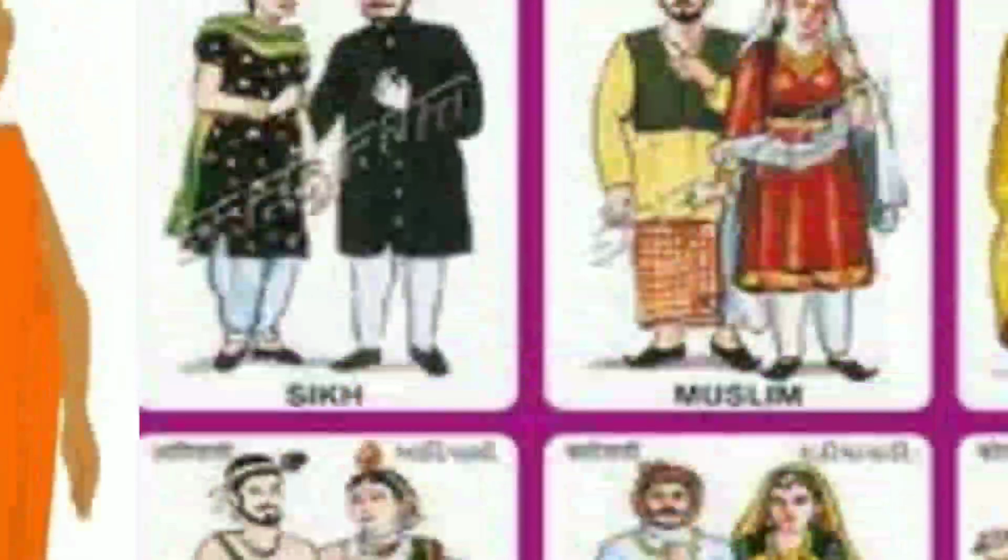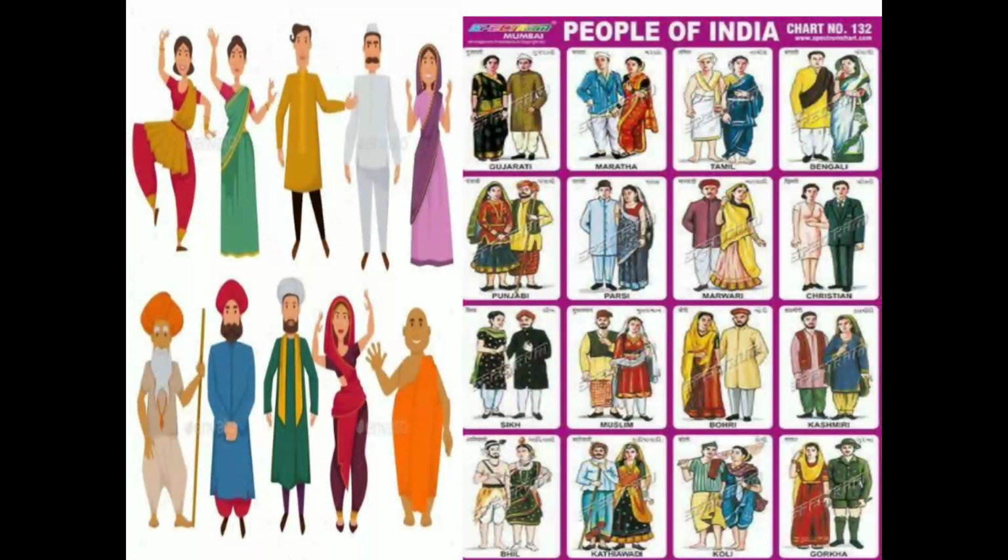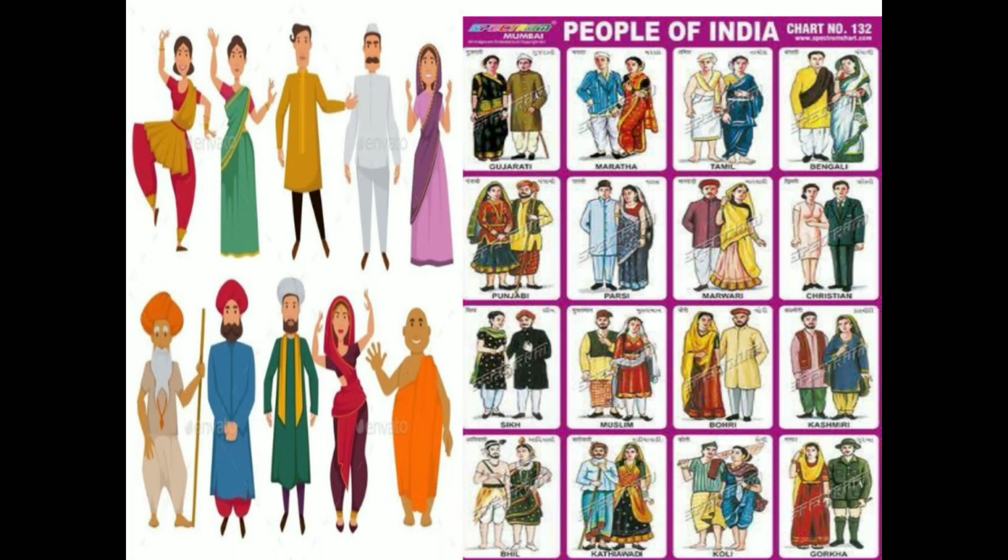We have Parsi, Marwari, Christian, Bihari, Kashmiri, Koli, Gorkha in the northern region, Bhil or Santal, and Sikh. Among the Punjabis as well as Sikhs, we have Muslims too, with varied styles of dressing and food, and people belonging to many religious faiths and customs in one country.